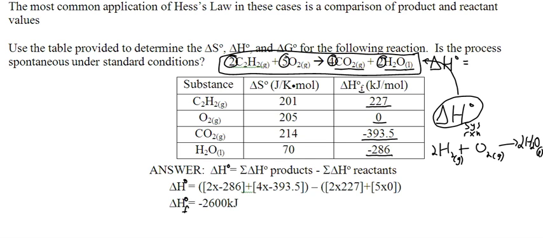Okay, so another version of this problem that they can throw at you is not so much calculating for the enthalpy of a reaction indicated with this symbol, but rather they could potentially ask you to solve for the enthalpy of formation for an individual substance, like CO2. So now it would be like this information wasn't there, right?